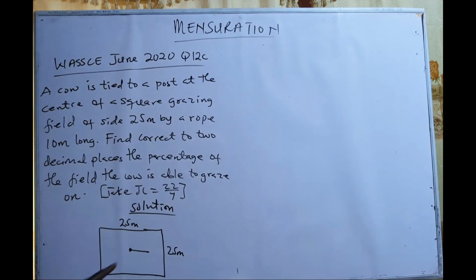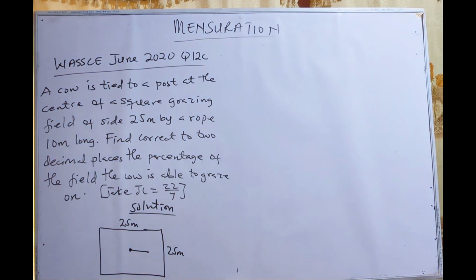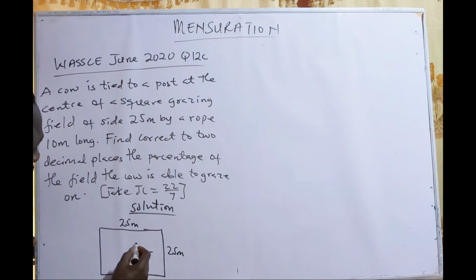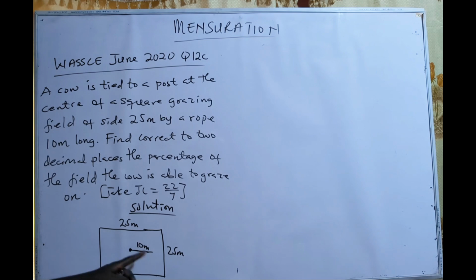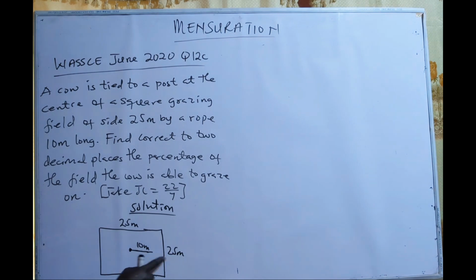The rope cannot reach the end because if this is the center, when you divide 25 by 2, you get 12.5, and the rope is just 10 meters. So the rope cannot reach here, it will just reach here, 10.